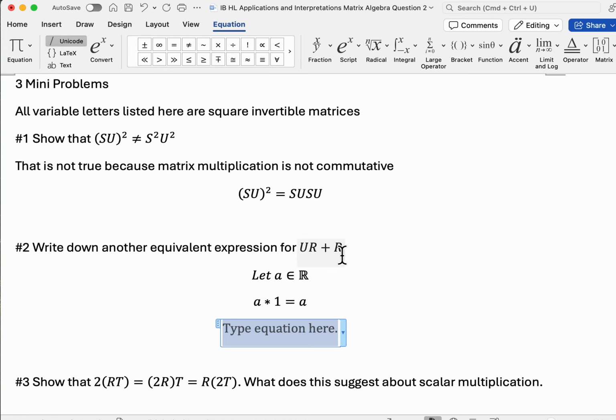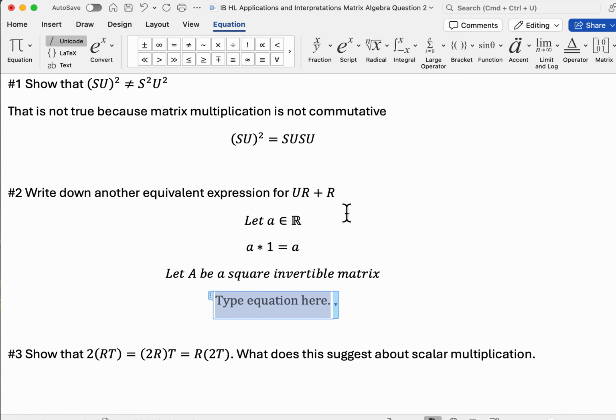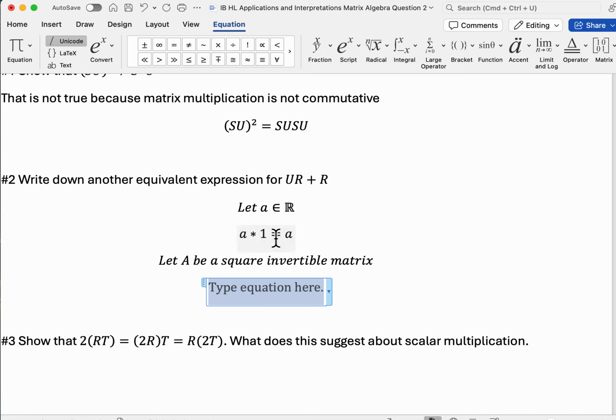Now, if we're dealing with a matrix, on the other hand, let A be a square invertible matrix. It's not 1 that we multiply together that gives us back the matrix. Otherwise, that would be scalar multiplication. We have to multiply a matrix by a matrix, but it would be A multiplied by the identity matrix for any n by n dimensions, which will give you back the original matrix itself.